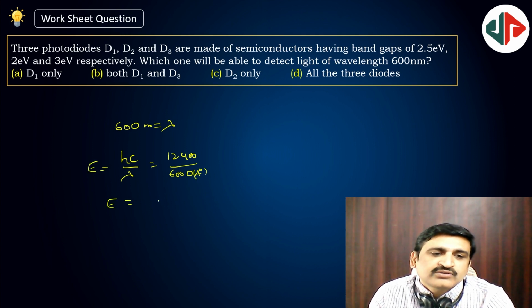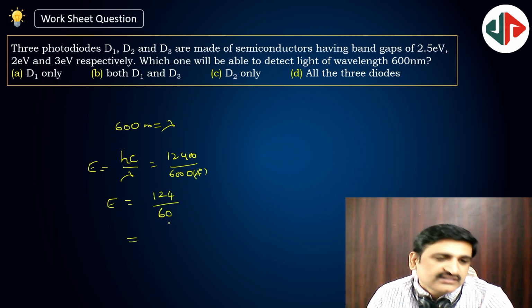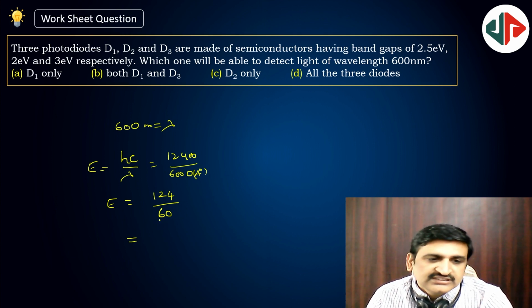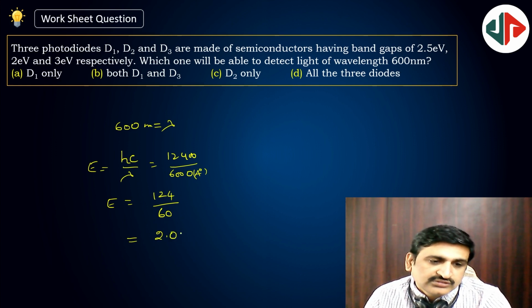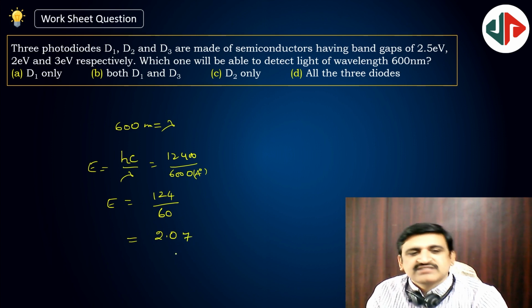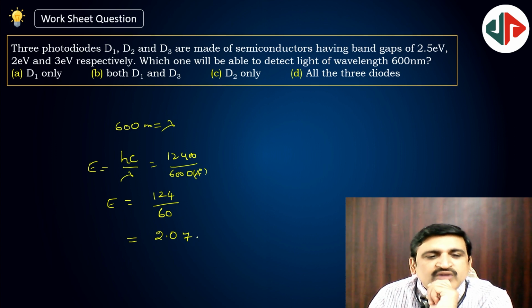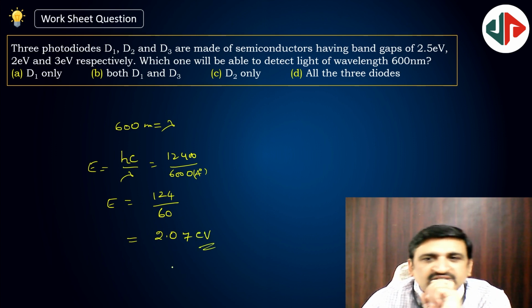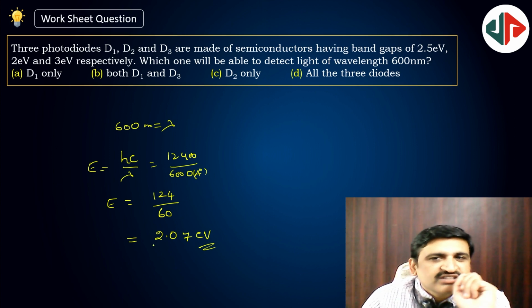So energy is equal to 124 by 60, roughly 2.07, so we can take about 2.7 electron volt.